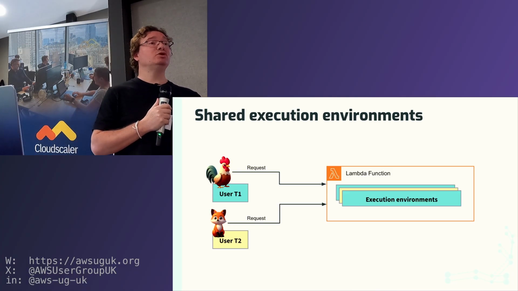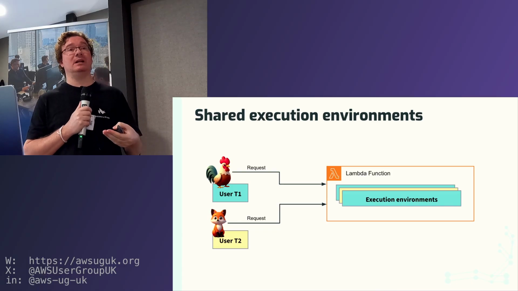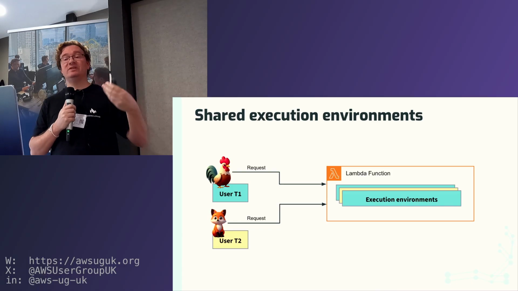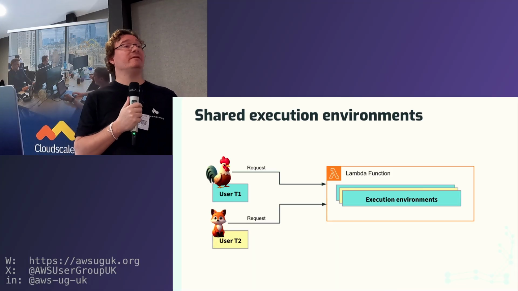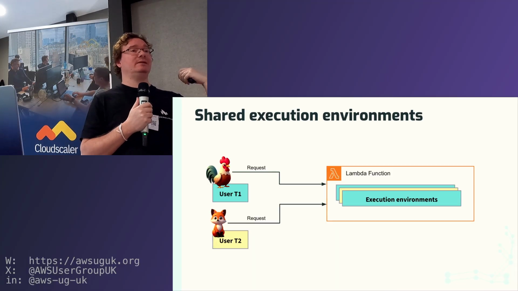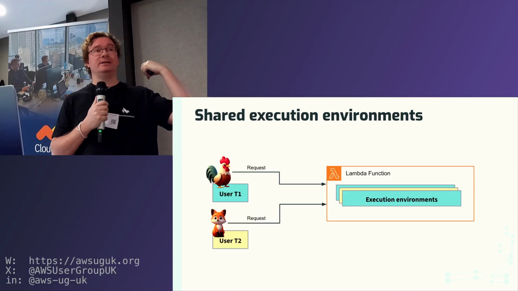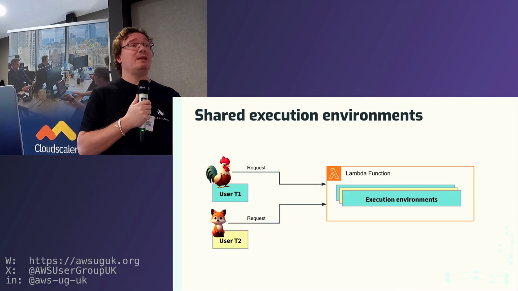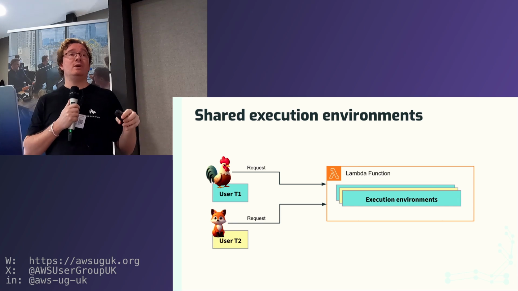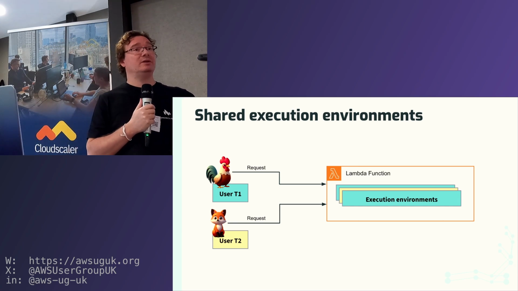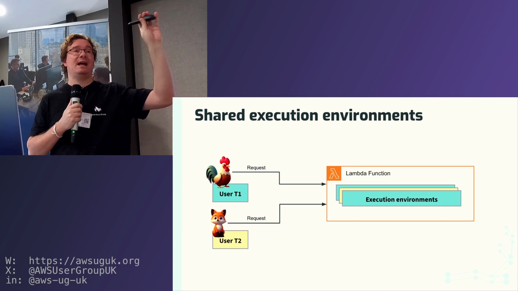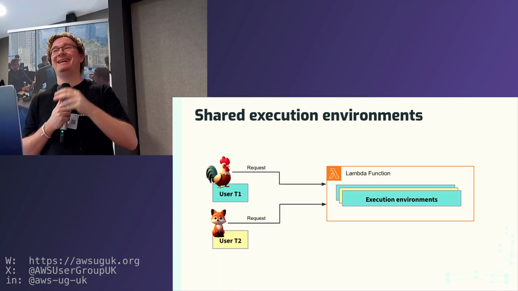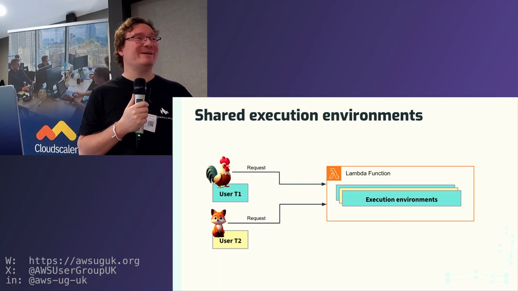But if I have multiple tenants consuming that same Lambda, we might end up reusing an execution environment that was created from a request from another tenant for the second tenant. And that might cause problems, because we can save something on the global scope and then access that across invocations. Some people use that as free memory, cache memory.